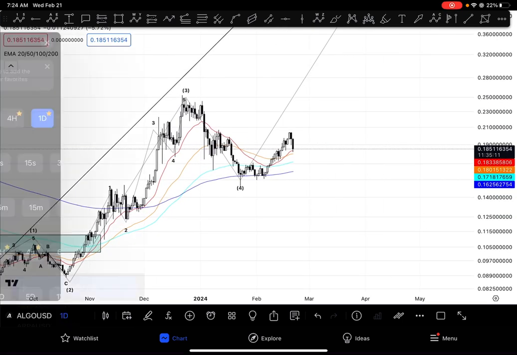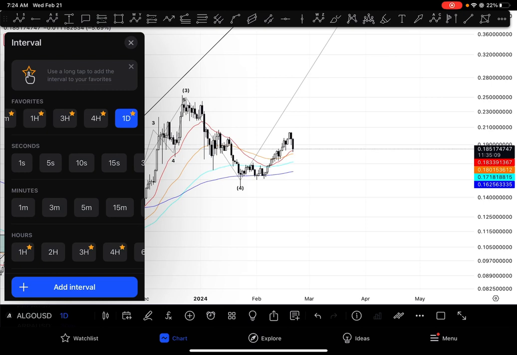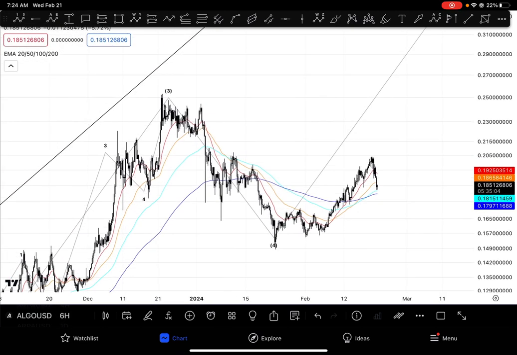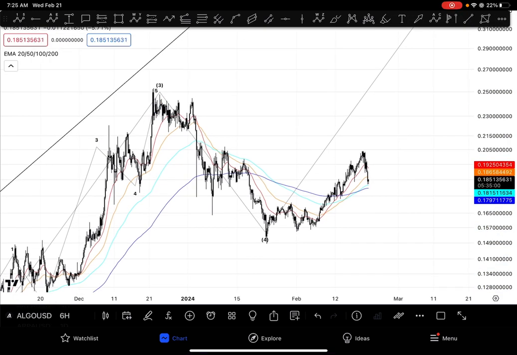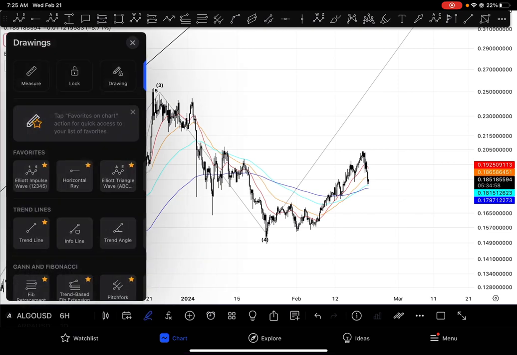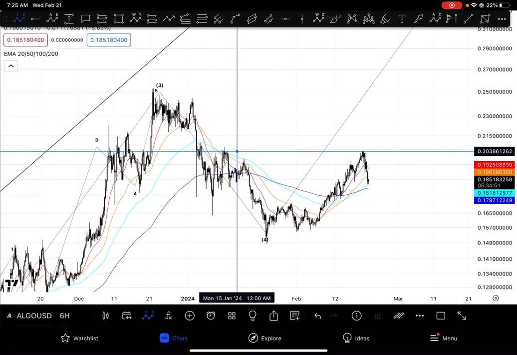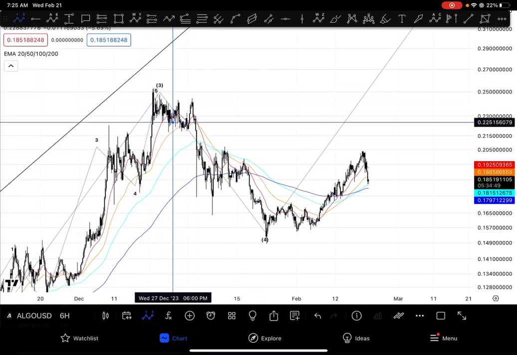And then if we look at this correction over here on the 6-hour time frame, what do we see? We see just a simple ABC correction. So this over here would be your wave 1.